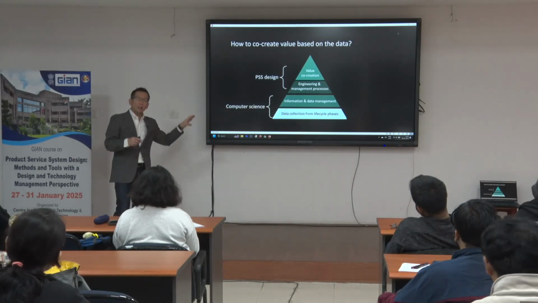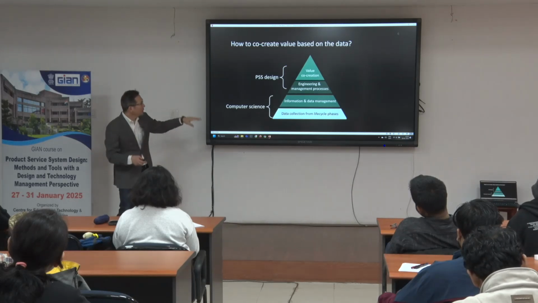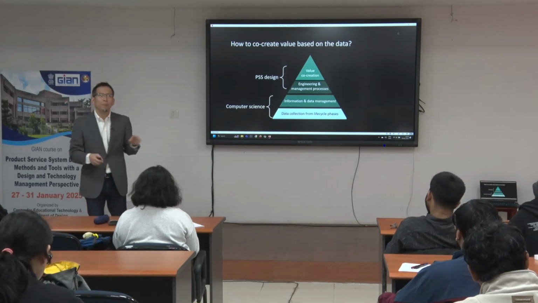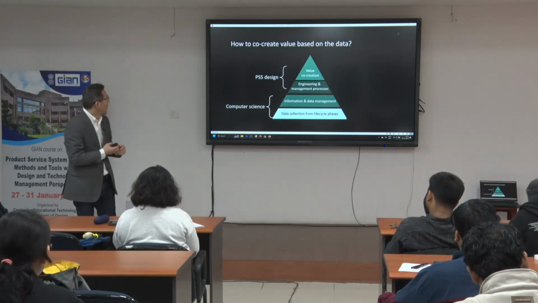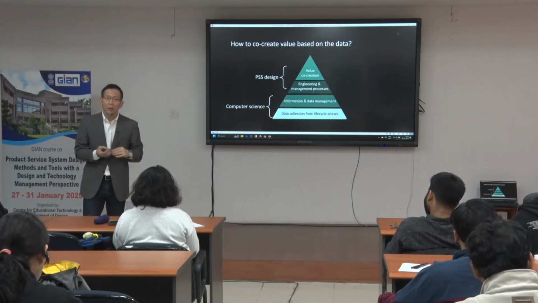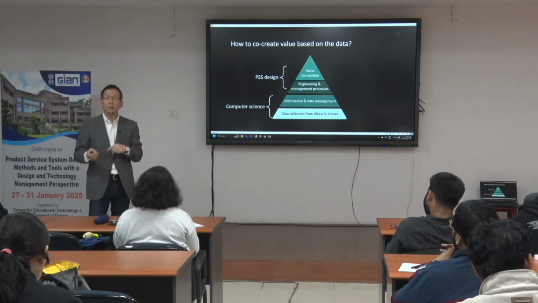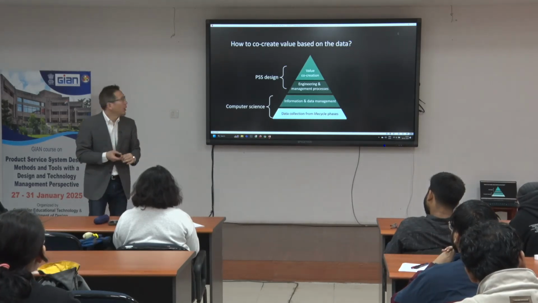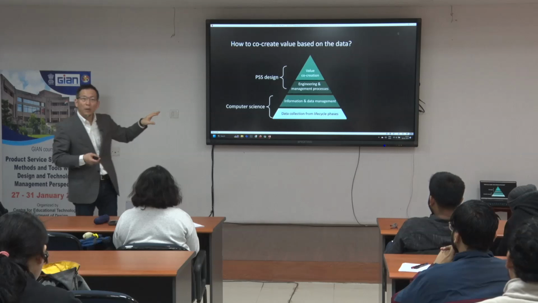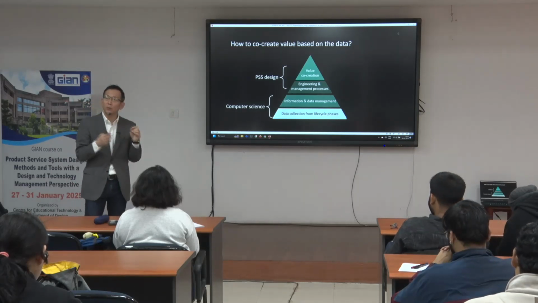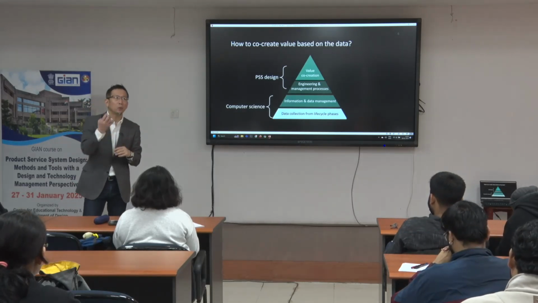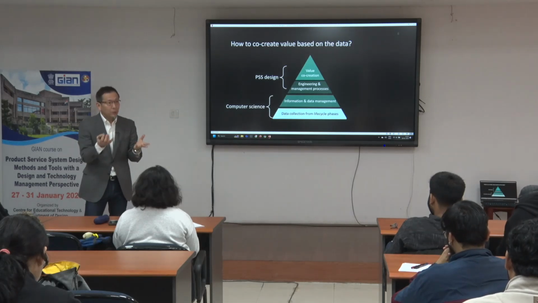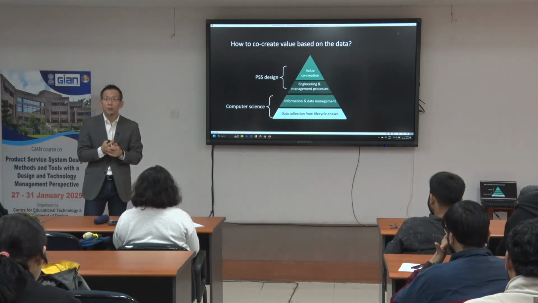Data is in another layer, in the bottom layer of this pyramid, and typically, academically speaking, if I may, computer science is the discipline that handles well the data and the information. So here we see again the opportunity of using two different disciplines to help companies in trying to improve the PSS design.